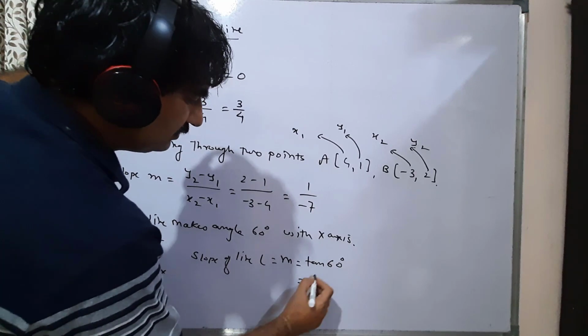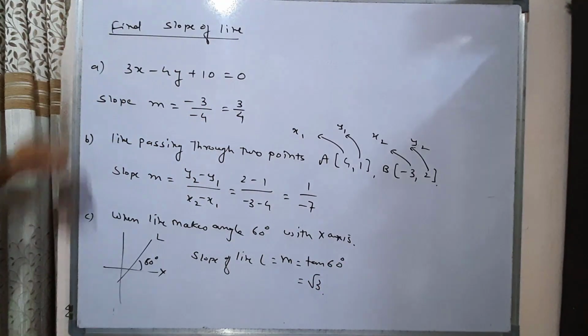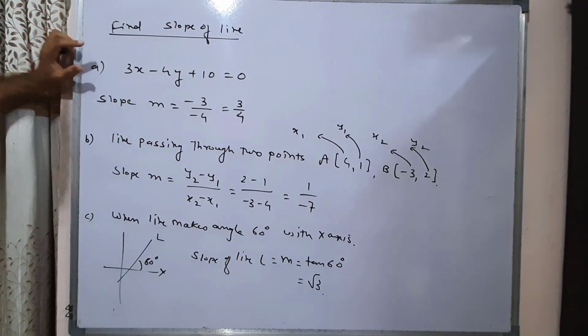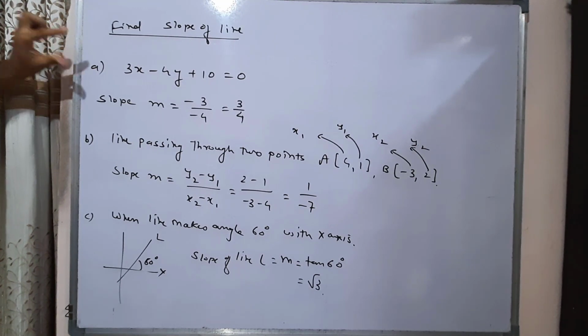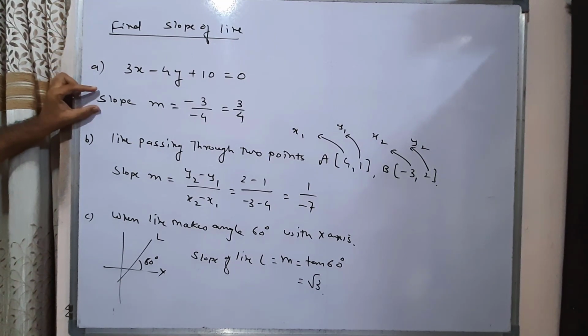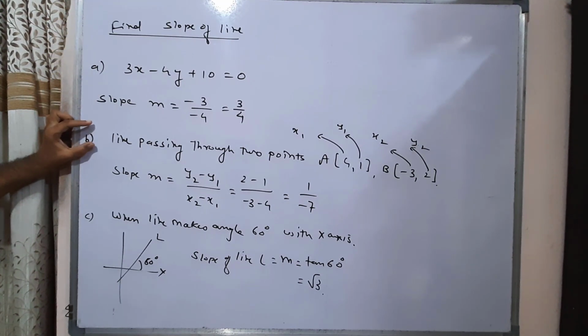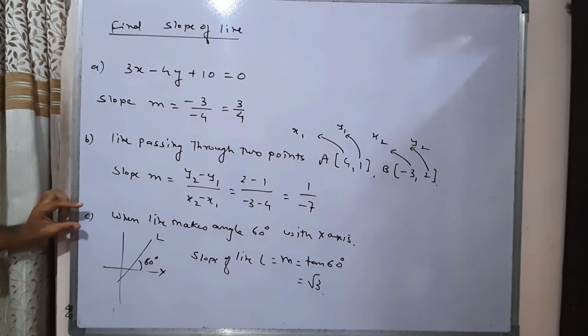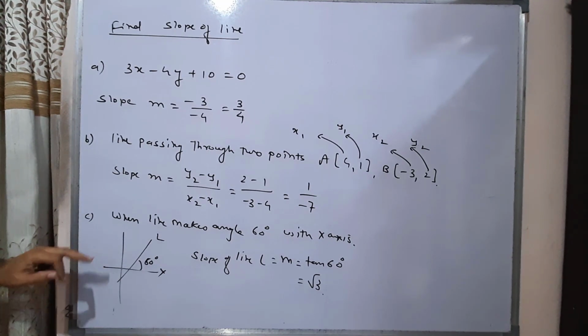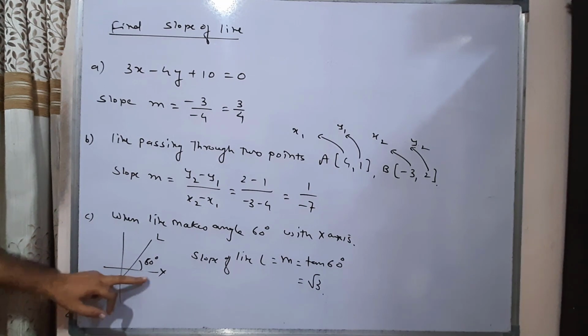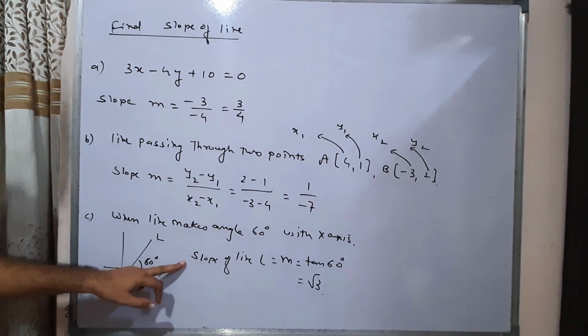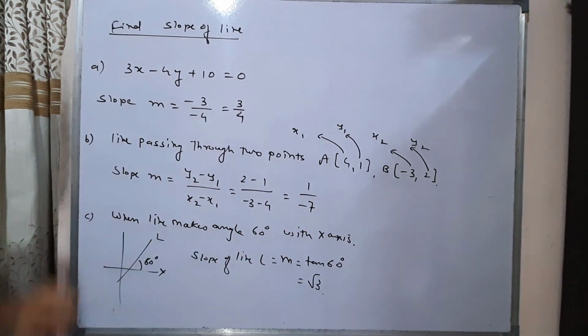Now what is tan 60? It is root 3. So these are the three conditions of a slope. When a general line is given, what is the slope? When a line is passing through 2 points, what is the slope? And when a line makes an angle of 60 degrees with the positive direction of the x-axis, then the slope of line L. So these are the three conditions of a slope.